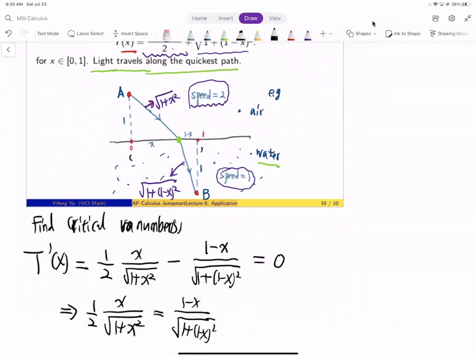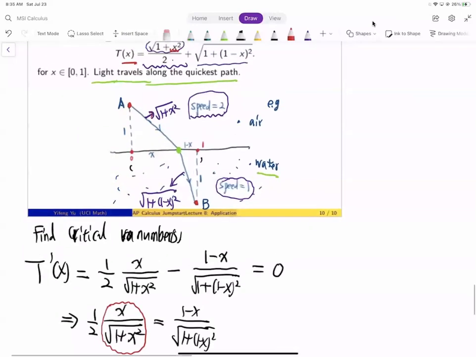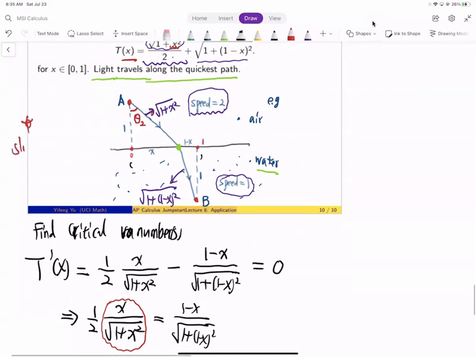If I look at the picture, let's say this angle is theta 2. And then you find sine theta 2 will be exactly x over the square root of 1 plus x squared, right?